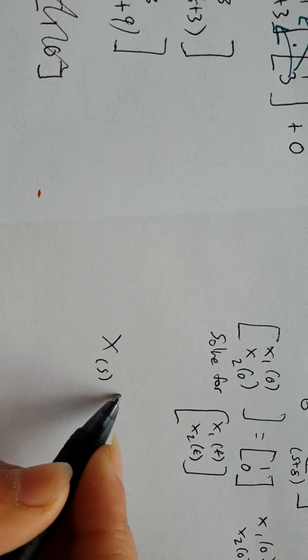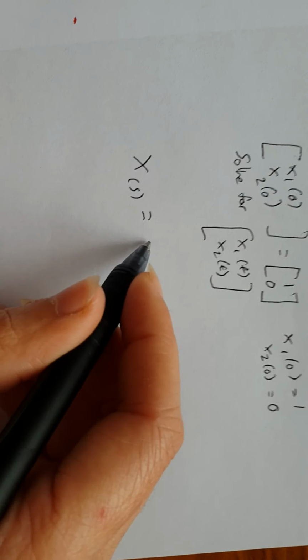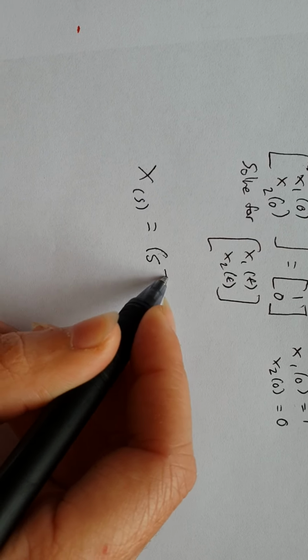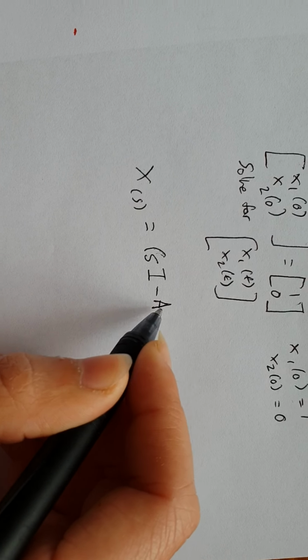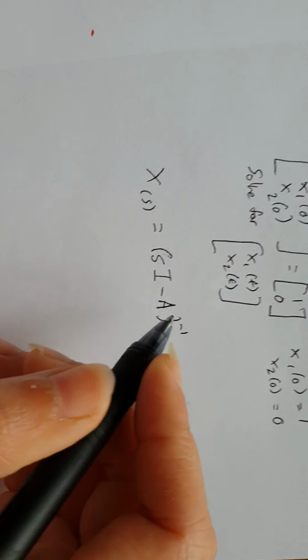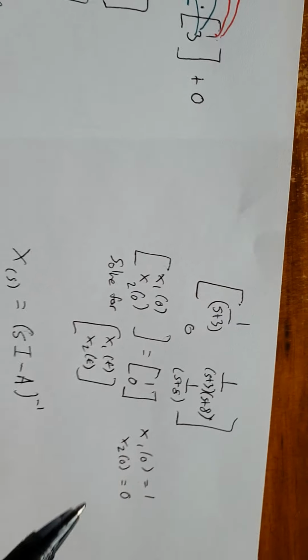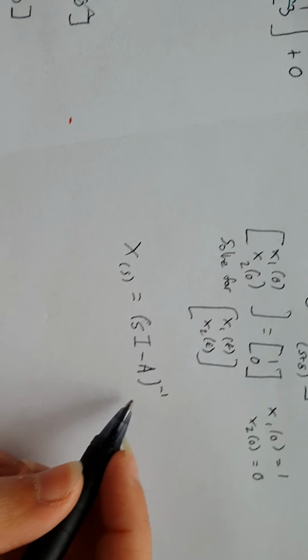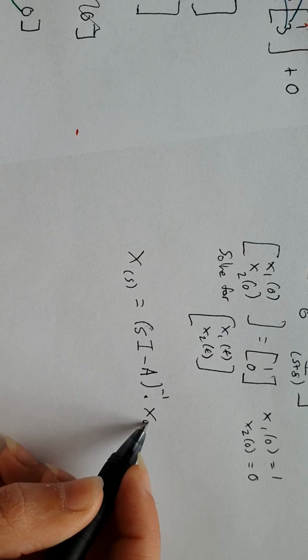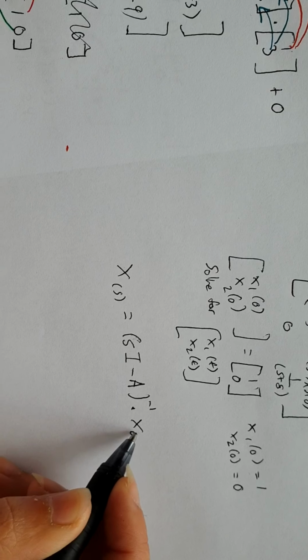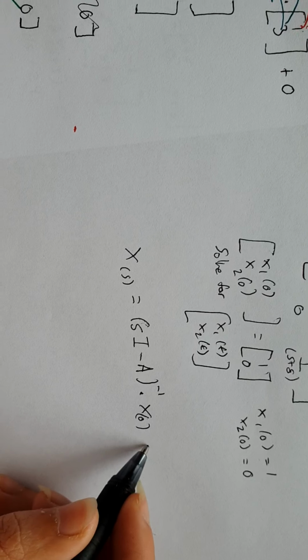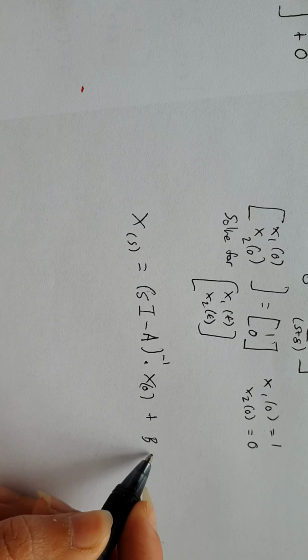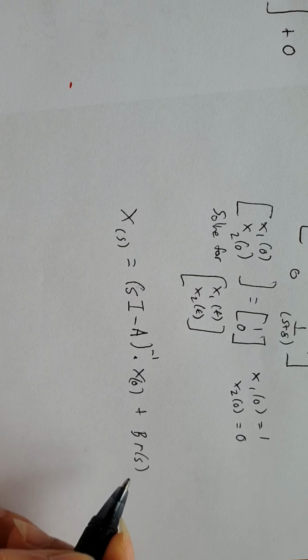X of s equals part of our formula from before, (sI minus A) inverse, which is our matrix here, times x of 0 plus b times our r of s.